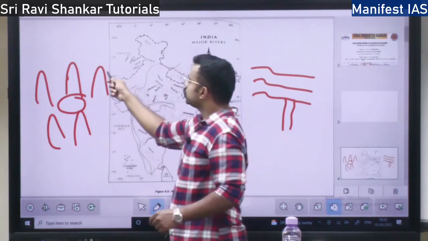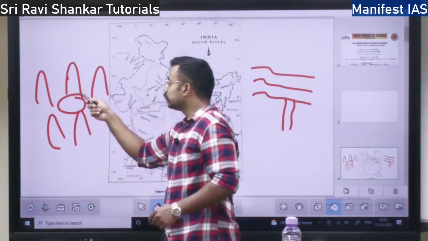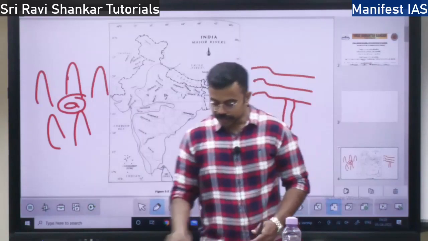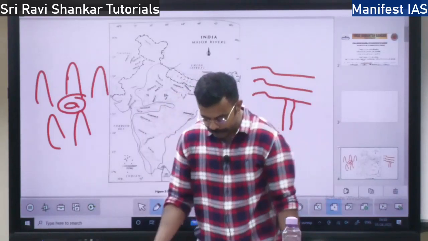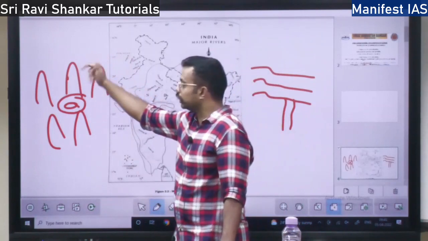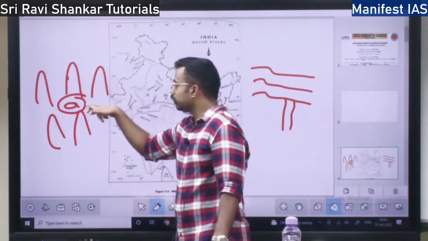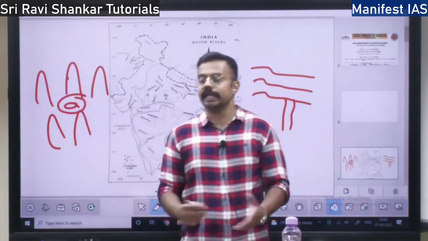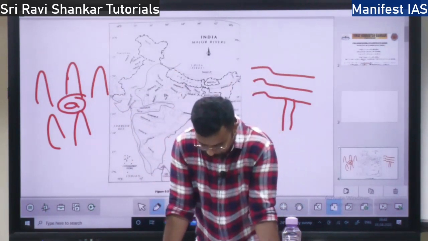Whatever rivers originate in the mountains will go and fall in this empty area. This is the centripetal drainage pattern. That is, all the water that originates in the mountains will accumulate in the center of the mountains, in the plain area.